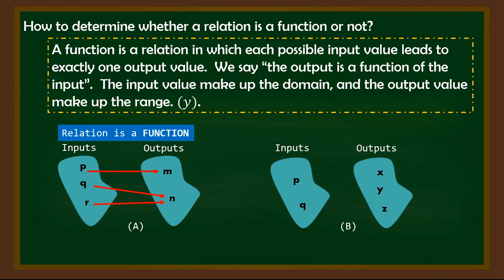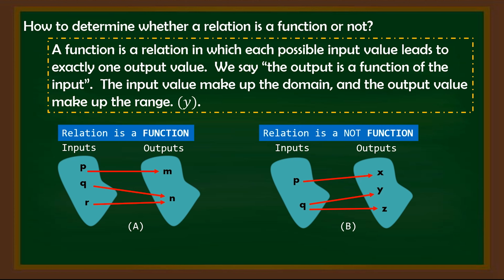If the matching of the elements between the input and the output looks like this, where P is associated with X and Q is associated to 2 different elements of the output, this one obviously deviates from the definition of a function, which is that each possible input leads to exactly one output value. But in this case, an element in the input is associated to two different output values. Therefore, the relation is not a function.